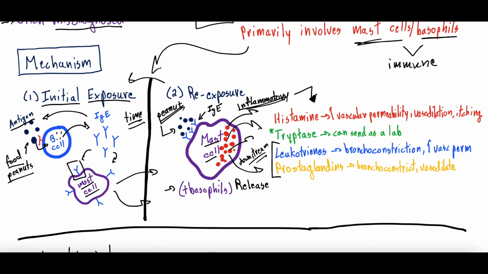So what happens then? Well, your mast cells secrete all these inflammatory mediators, one of which, and the main one we think about, is histamine. And what histamine does is it increases your vascular permeability. What does that mean? Well, you have blood vessels, right? Your blood vessels are made up of individual cells called endothelial cells.